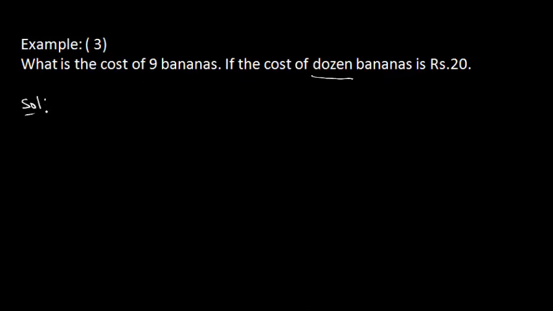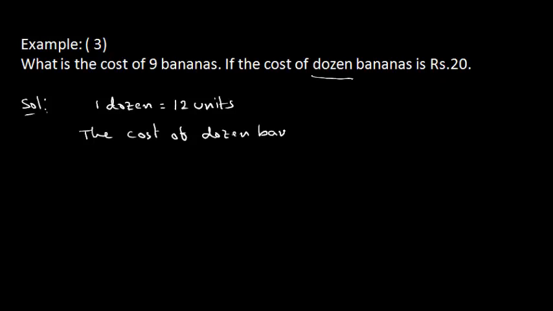Solution: 1 dozen. How many units are in 1 dozen? 1 dozen has 12 units. Given the cost of a dozen bananas equals 20 rupees.